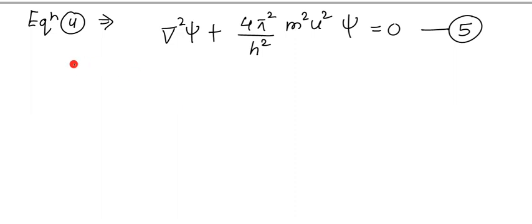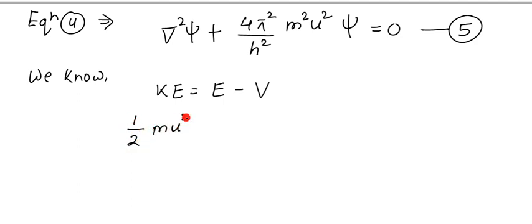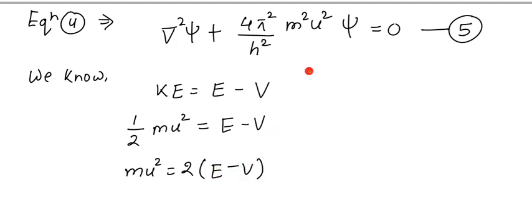Now, as we know, kinetic energy is basically equal to the total energy minus potential energy. Kinetic energy equal to total energy E minus V, and kinetic energy is 1 by 2 mu square or mv square, you can write, is equal to E minus V. Then mu square will be, this 2 goes to the right hand side by cross multiplication, E minus V. But actually you need the value of m square u square here.